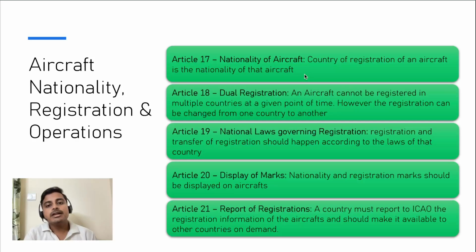It helps in cases like air accidents, security concerns, or international operations where identifying an aircraft ownership is crucial. Knowing who owns and operates the aircraft helps in ensuring safe and lawful use of the airspace. So countries must keep their aircraft registry up to date and notify ICAO of any changes in registration or status.